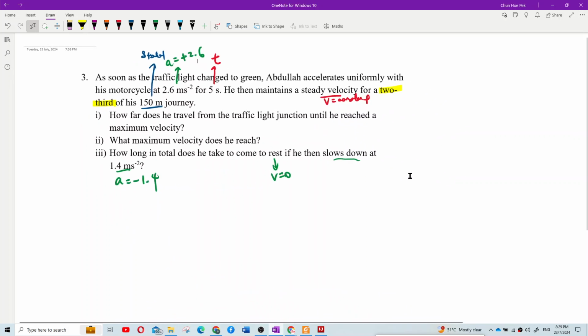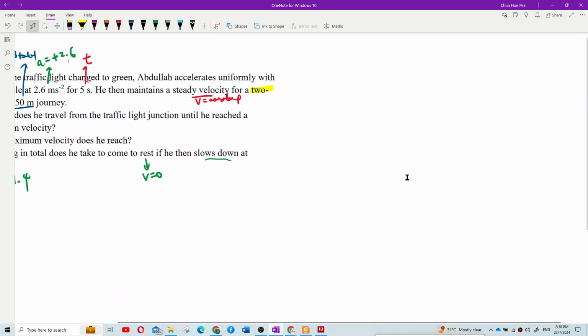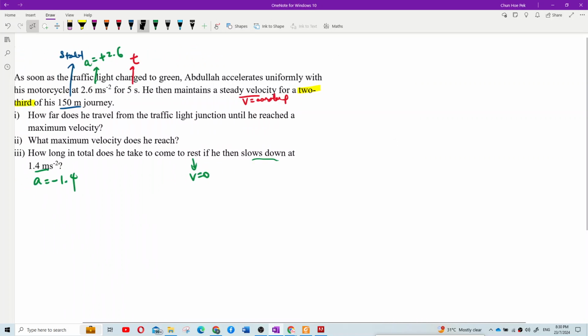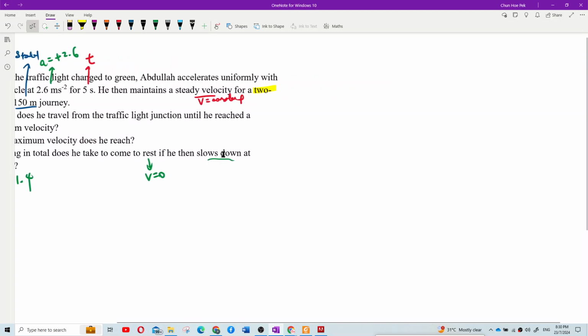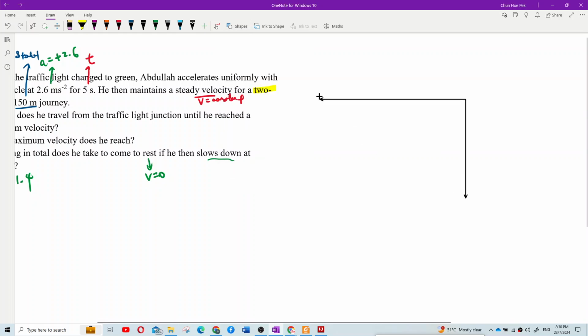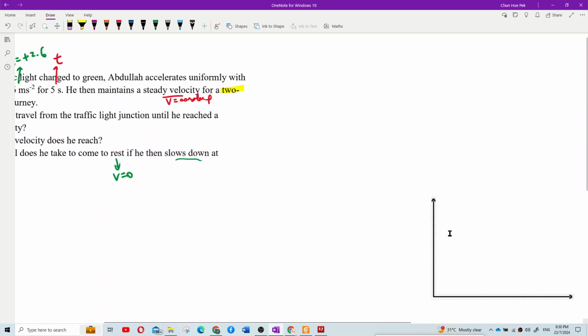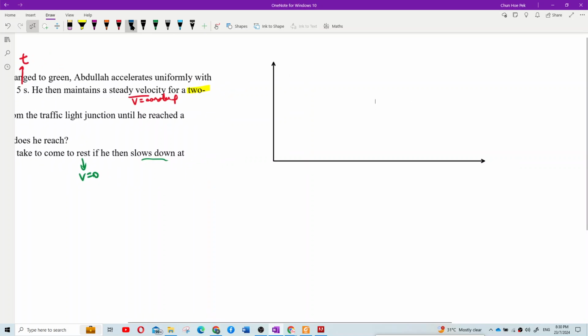Maybe you can draw a graph. Why not, class? You can draw a graph. It helps. So I think you draw a velocity time graph. Okay, let's draw a velocity time graph. It helps. Maybe the shapes, okay, like that. That'd be nice. So velocity time graph.